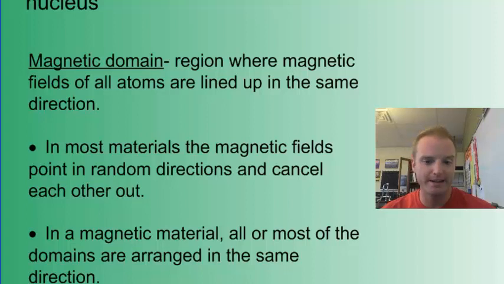There are billions of domains in any magnet, and each domain is billions of atoms. In most materials, these domains go random directions. There's no rhyme or reason. So when we have a magnetic material, most of those domains, billions of domains containing billions of atoms, are pointing the same way, kind of more than half, and you get something that's magnetized.